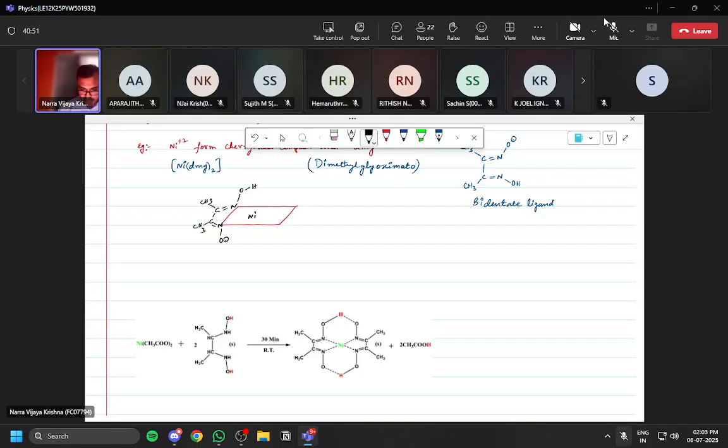Here also same, N. Here also N, double bond, carbon, carbon, CH3, CH3, OH, O minus. Here this nitrogen acts as a donor. Here also donor, donor, donor. There is hydrogen bonding possible here. Hydrogen bonding possible here.